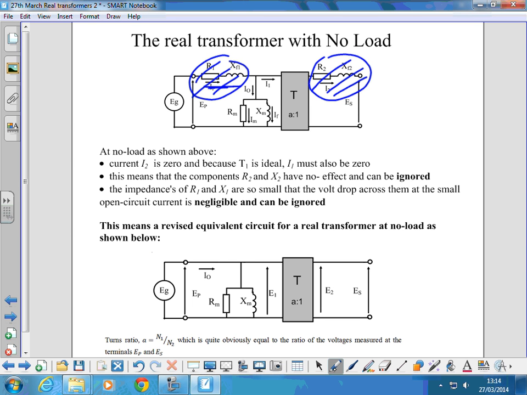It's a way to get the turns ratio of the transformer. So a simplified version of the model under no load is to just take into account the core losses, because the resistance of the windings and the leakage flux is of no significance. Okay? Everyone all right with that?